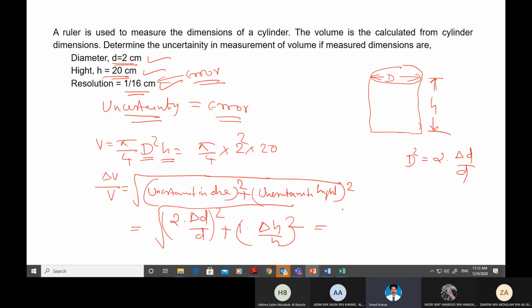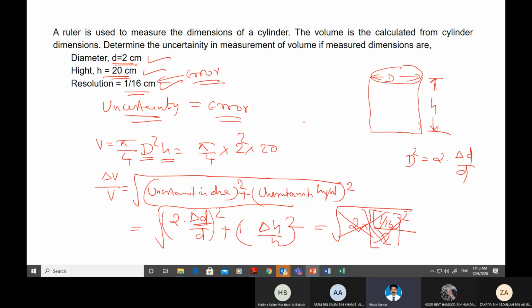So when you calculate it, you can calculate the values. So square root of 2 times the error in measuring diameter, which is the resolution 1 over 16, the whole square, divided by d, the diameter, which is 2. So please take the whole square like this. Please listen again.